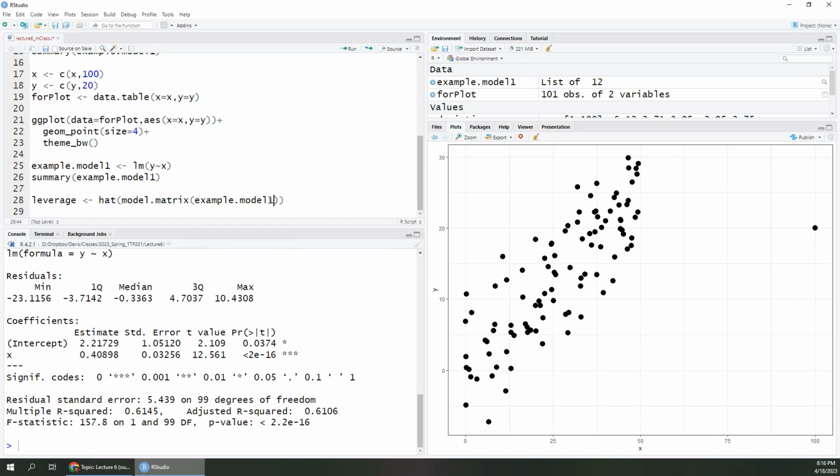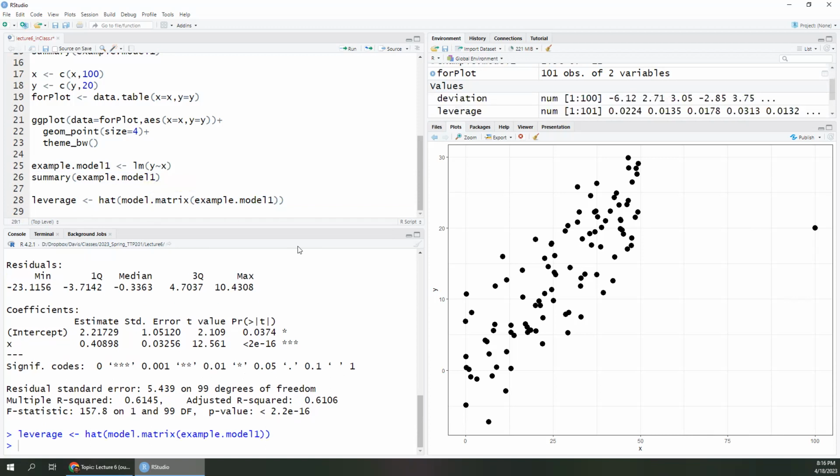But we're essentially extracting the information out of our model in order to measure that leverage value. And note that it's not simply identifying the outlier, right? It's actually going to figure out the leverage that corresponds to every single data point within this model.